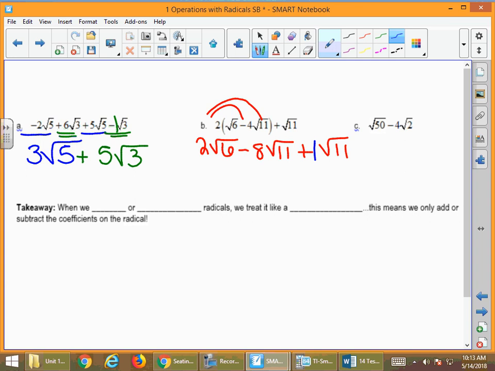We can write a 1 if you forget. But after we write this, what I hope we see is that we have negative 8 radical 11 plus 1 radical 11. So the 2 square root of 6 isn't going to change. But we can combine these final two terms and we end up with minus 7 square root of 11.